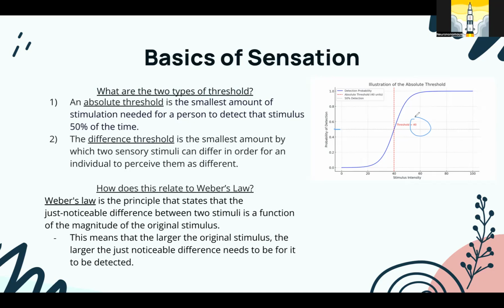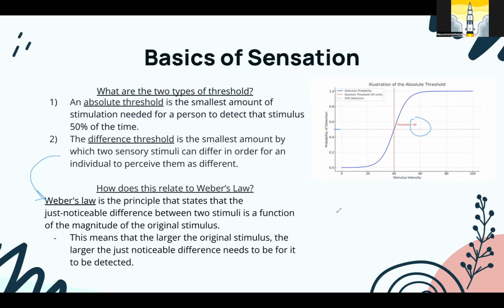Now, the difference threshold is the smallest amount by which two sensory stimuli can differ in order for an individual to perceive them as different. So this ties in to Weber's law, and it states that the just noticeable difference, or the difference threshold, between two stimuli is a function of the magnitude of the original stimulus.